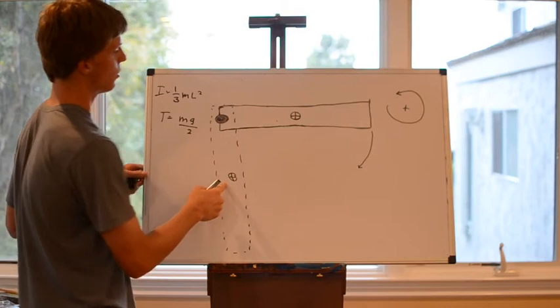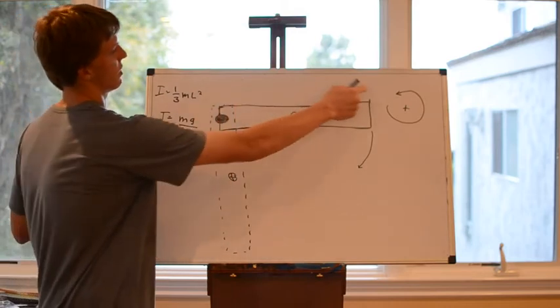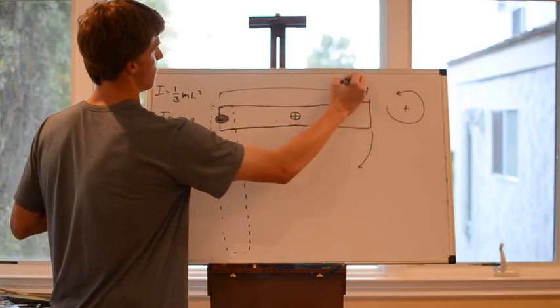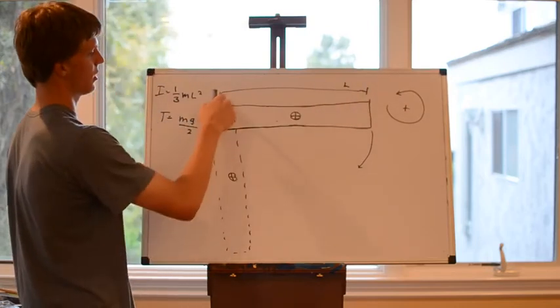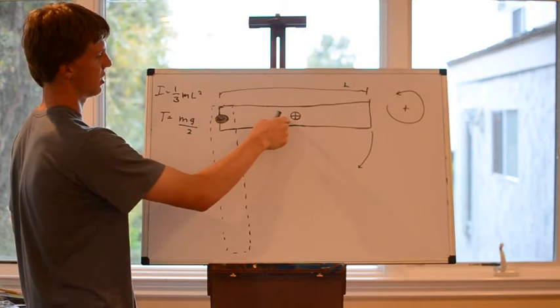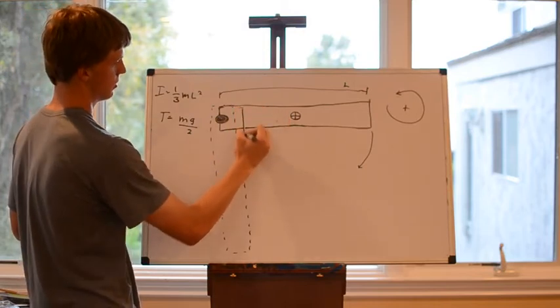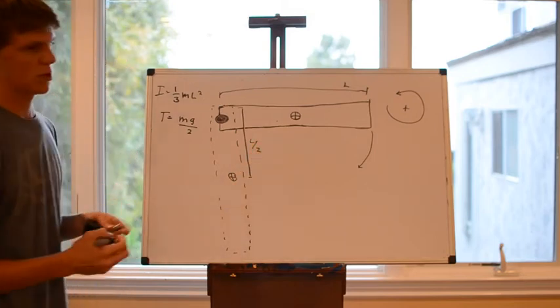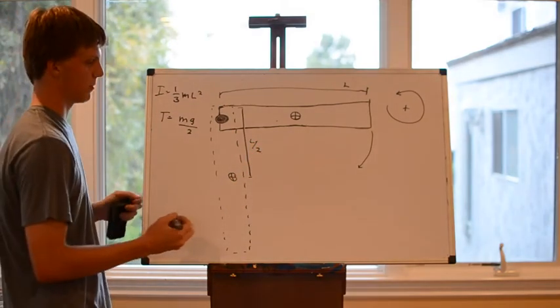Now what we know is that the length of this rod is L. But we also know that the length to the center of mass is L/2, as you can see. So we're going to be using energy to solve this part of the problem.